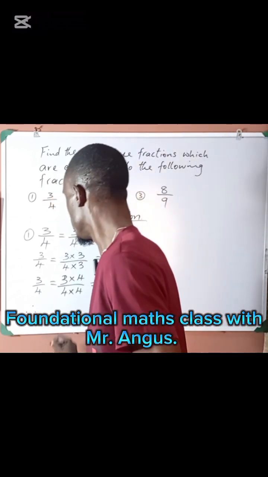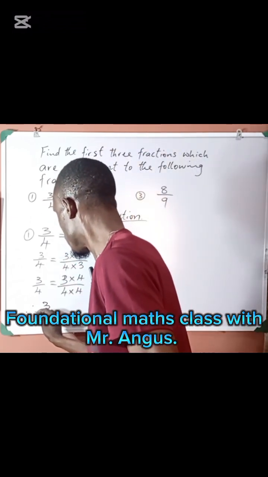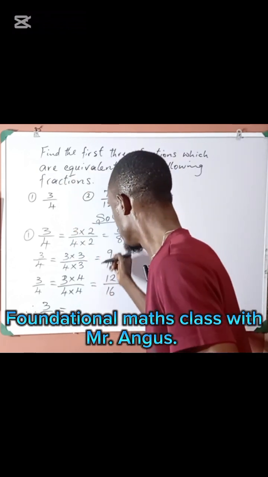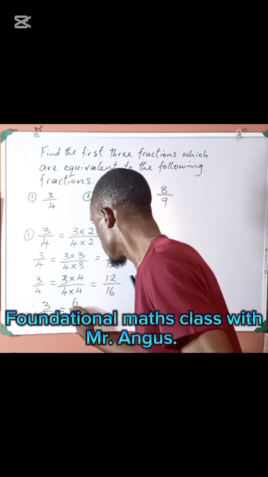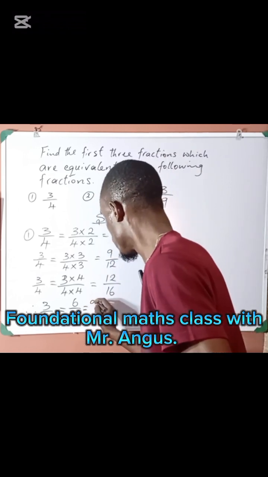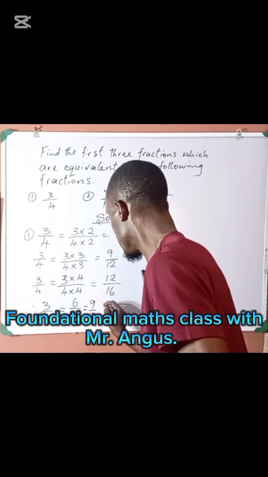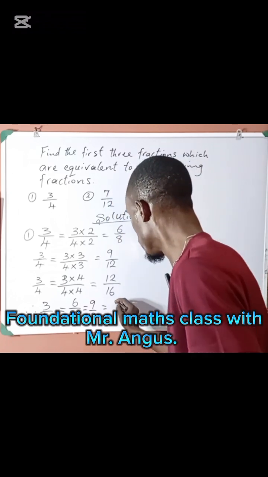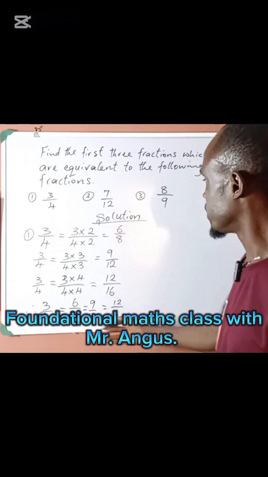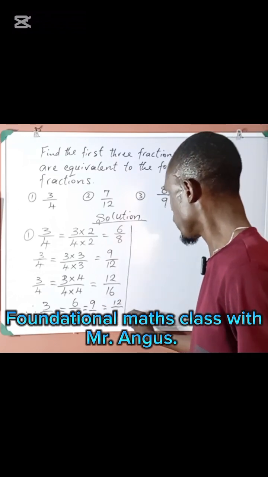Therefore, the first three equivalent fractions to 3 over 4 are 6 over 8, which is equal to 9 over 12, which is the same thing as also having 12 over 16. So if you look at this, you see that we found the three equivalent fractions.